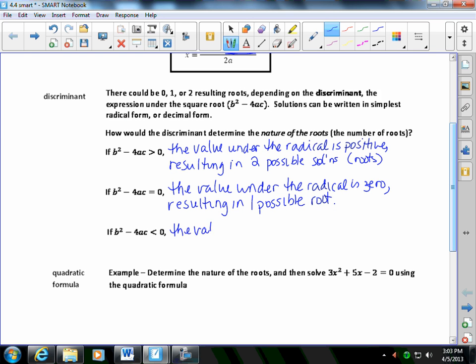So if it's less than 0, then the value under the radical is negative, resulting in no possible solutions, or roots.